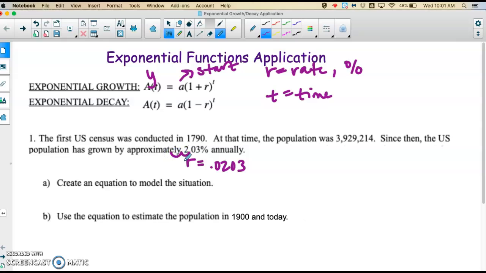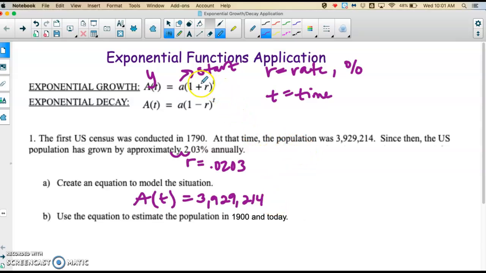So write an equation to model this situation. So it could be A of t. If you want to use y, that's fine too. Equals our starting population, which is this number right here. And then it will be our decimal right here.